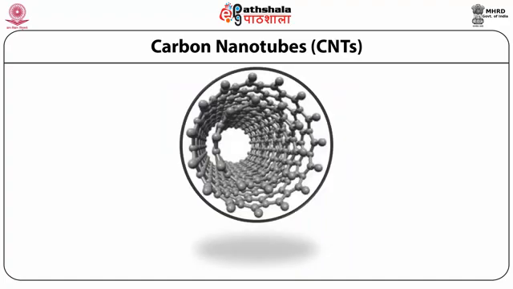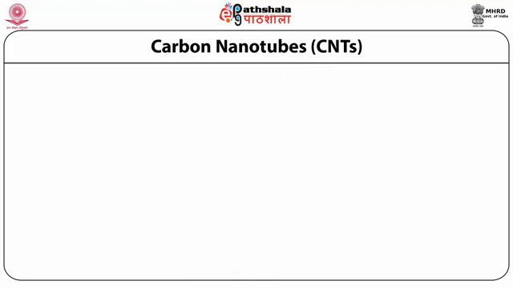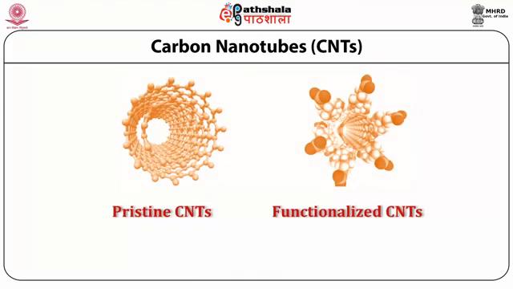The next one in nanotheranostic applications is carbon nanotubes. In carbon nanotubes, again there are the pristine and functionalized carbon nanotubes, belonging to the fullerenes, and the functionalization is important here. This functionalization enables the conjugation of nanotubes with various functional groups, and that's why they can be used for theranostic applications.